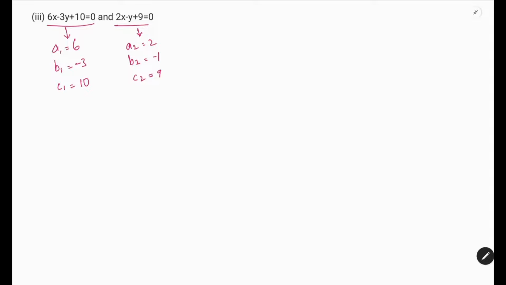Now we will find out the ratios. a1 by a2 equal to 6 by 2 equal to 3 by 1 and b1 by b2 equal to minus 3 by minus 1 equal to 3 by 1. And c1 by c2 equal to 10 by 9.